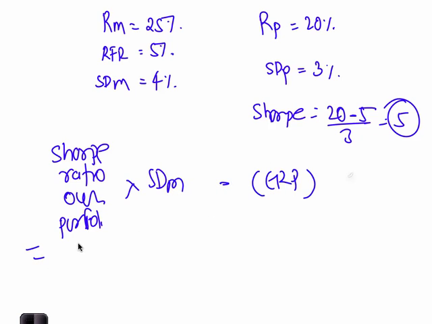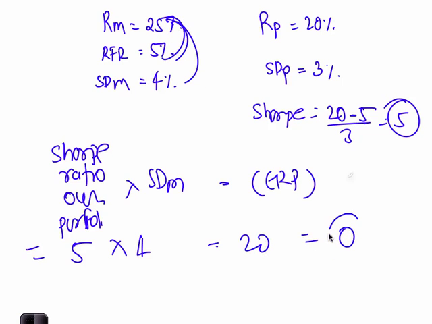So Sharpe ratio of our portfolio is 5, standard deviation of market is 4, and equity risk premium of market is 20. Therefore M squared is 0. And that makes sense because market also had a Sharpe ratio of 5. Right? So the average of both the scooters is same. Your scooter is no better than the market scooter.